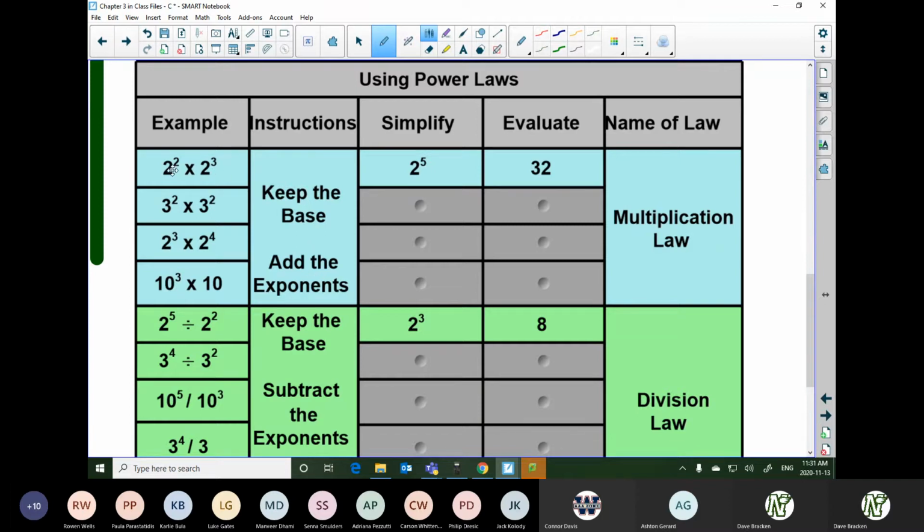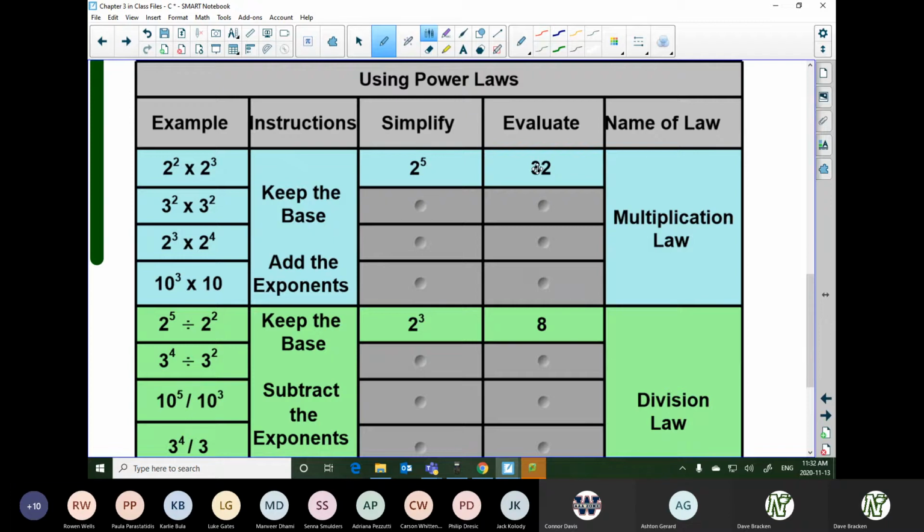So take a look at your first question. 2 to the power of 2 times 2 to the power of 3. Notice the bases are the same. So the person kept the base, which is 2, but they added these 2 powers, 2 and 3. You ended up with 2 to the power of 5. Now simplify 2 to the power of 5 in your calculator, and 2 to the power of 5 is 32. Okay?